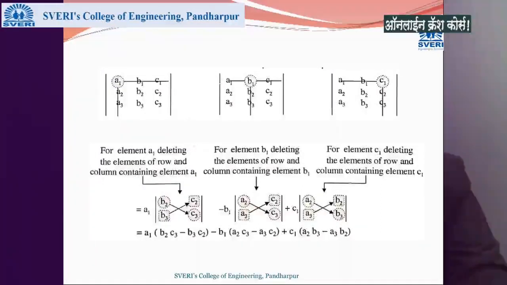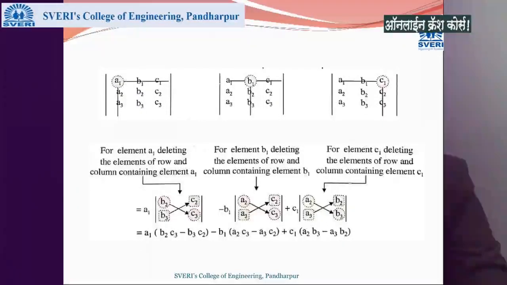So we get the minor of c1, that is c1 into a2, b2, a3, b3. Calculating this gives a1 in bracket b2 into c3 minus b3 into c2, minus b1 in bracket a2 c3 minus a3 c2, plus c1 in bracket a2 b3 minus a3 b2.